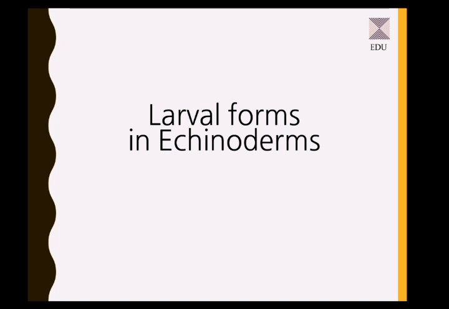These forms can change into other forms also. So in different classes you have different types of larval forms, and they go through metamorphosis and make the adult forms at the last.